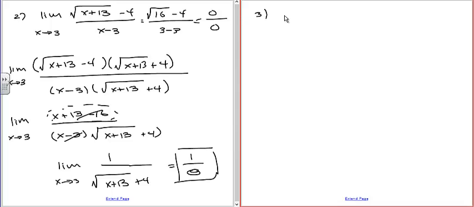Okay, number 3, again, we're going to evaluate this at -1 and see what happens. Now we've got a negative sign here for one thing that gives us a better chance.